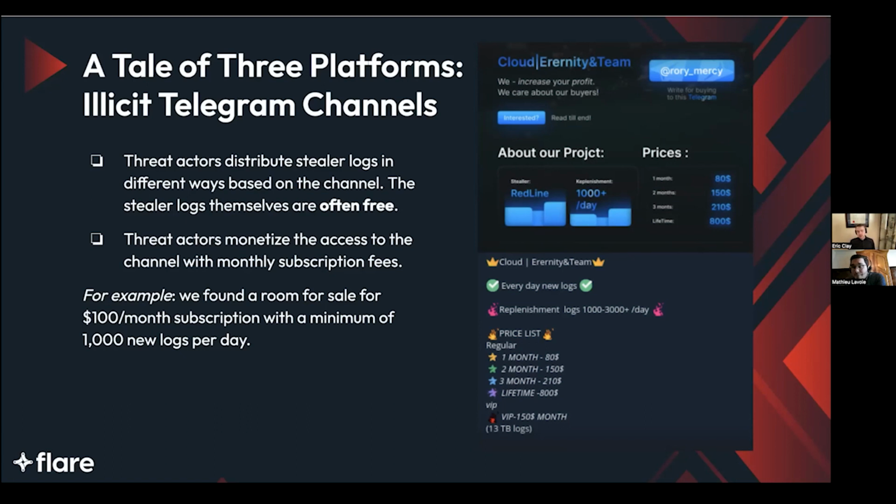Yeah, the other thing I want to mention is the saying that if it's free, it's because you're the product. What we see in those free Telegram markets is a lot of malware-infected archives that are being shared freely. And to come back to what could be the infection source of those stealer malware, we can probably add that the stealer logs being distributed for free are probably also one of the channels to acquire additional victims.